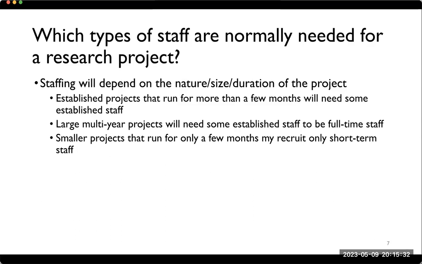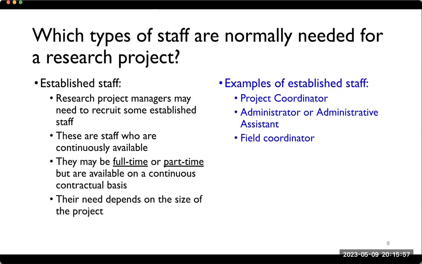But also for those that are running for a shorter period of time, we could have staff that are coming on for a few months that are going to be employed on a short-term basis. And so that, once the project ends or once the need for them to be on the project expires, then we can smoothly demobilize them and get off the project.